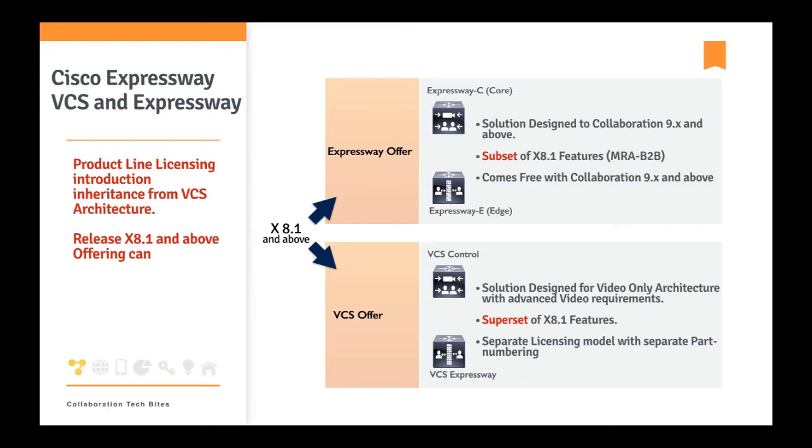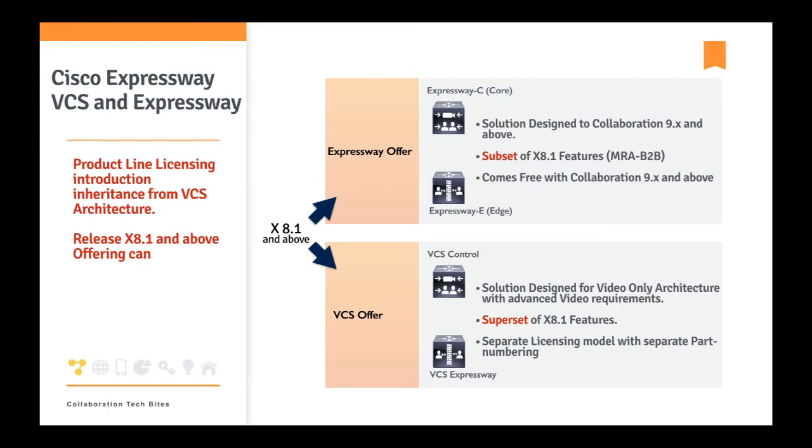It also comes free with Collaboration Edge, so it's a $0 value. Even though it's a $0 value, you need to order it through the upgrade utility, along with the licenses for Expressway E or Expressway C.